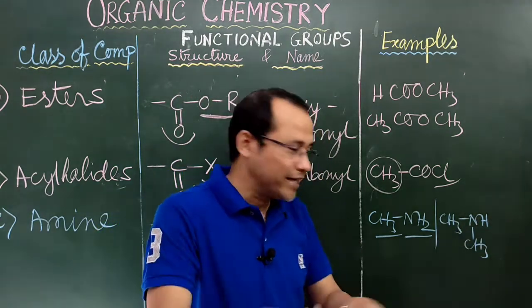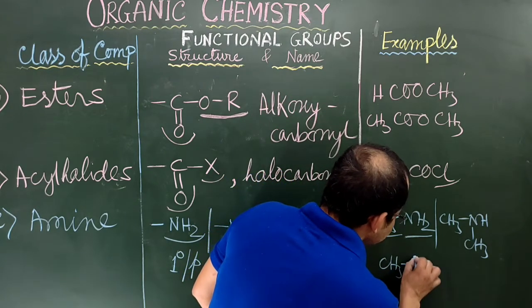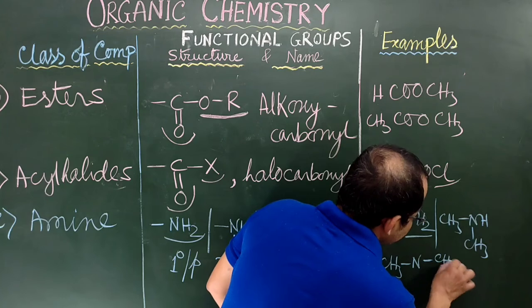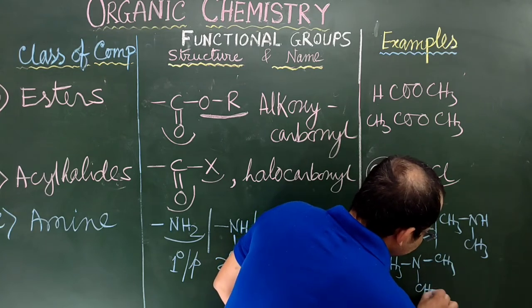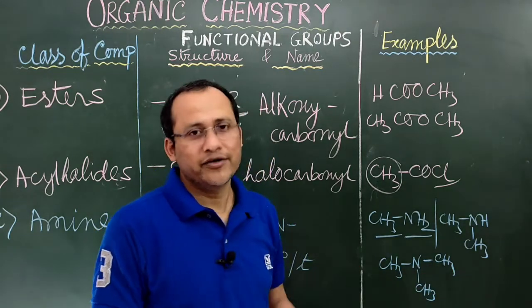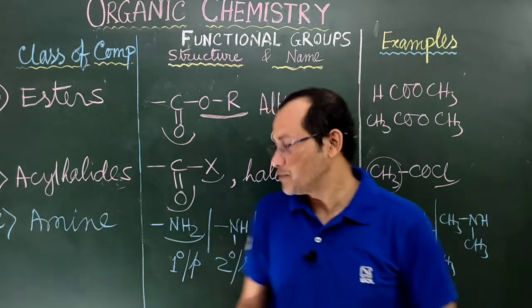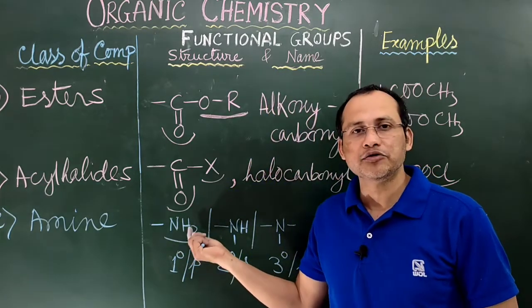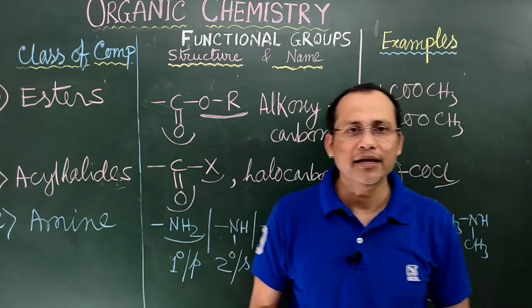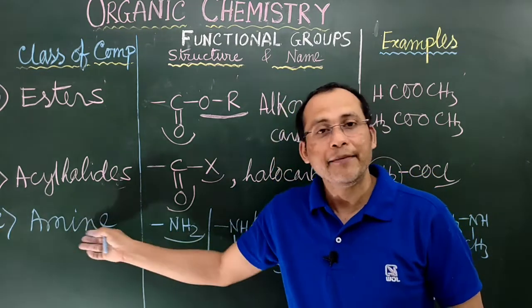So this is one secondary amine, and another type will be CH3N, all CH3, which will produce the simplest 3 degree amine. Again you may have different groups also. So in this way we can have amine groups if nitrogen is linked to hydrogen or any alkyl groups, and hence the product will be amine.